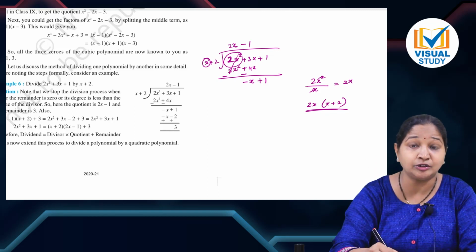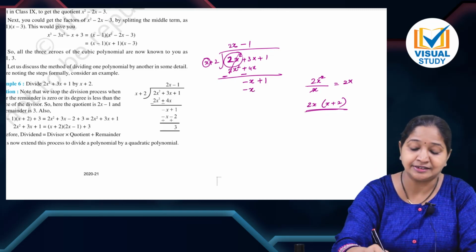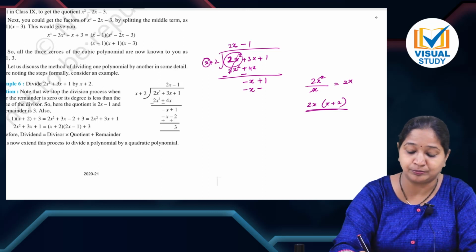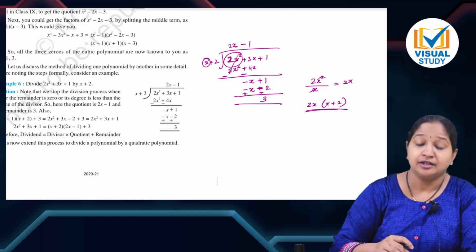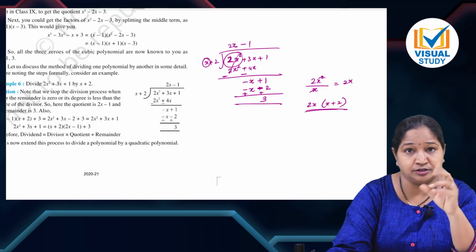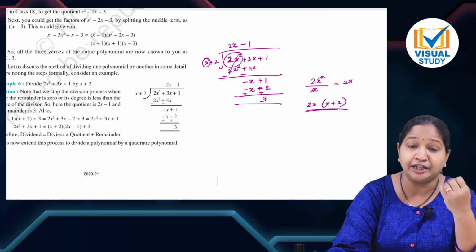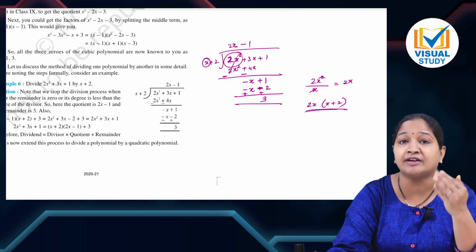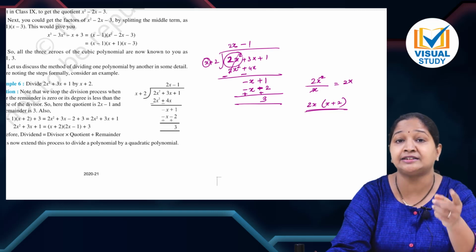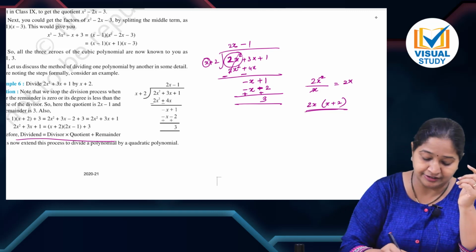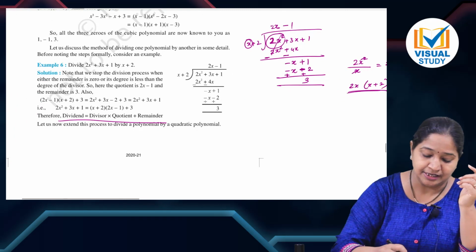So minus 1 into x is minus x, and minus into plus is minus 2. What you get? Plus 3. Now you know the form, which is dividend is equal to divisor into quotient plus remainder.